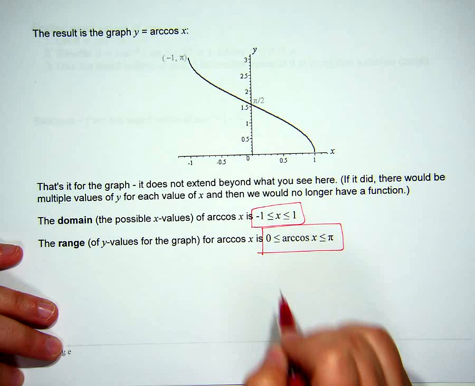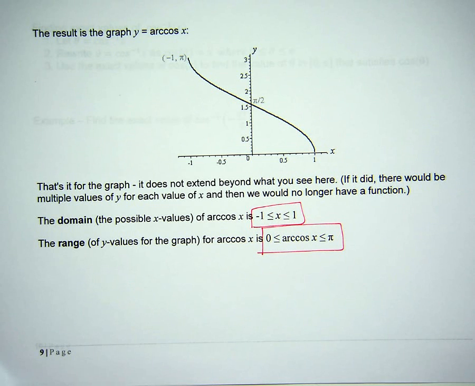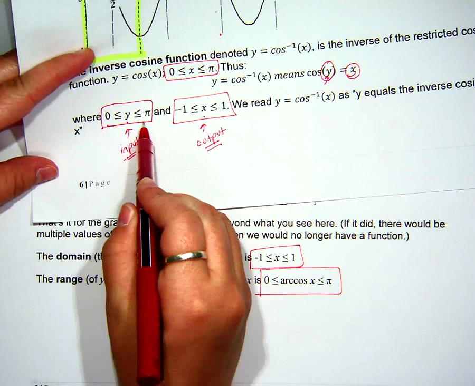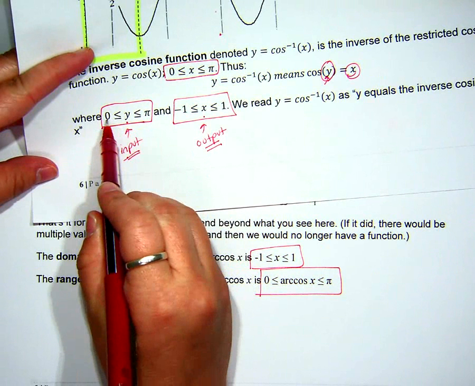Go back and remember your rules for inverse functions. The domain of your function is the same as the range of your inverse. The range of your function is the same as the domain of your inverse. Well, isn't that true? Look here. The input of the original function was between 0 and pi, which now means that the output, or range, should be between 0 and pi for my inverse function.